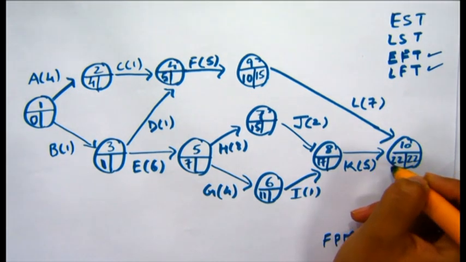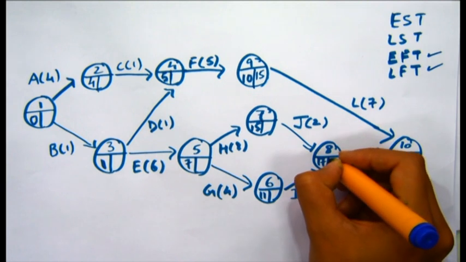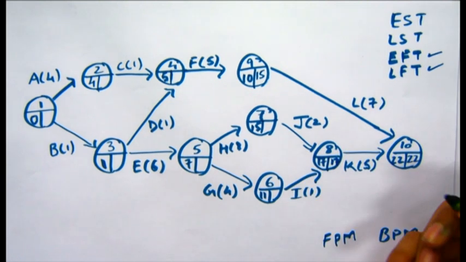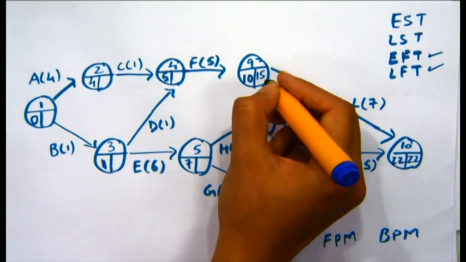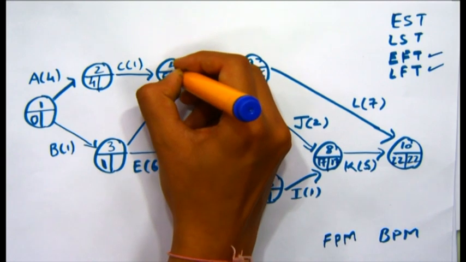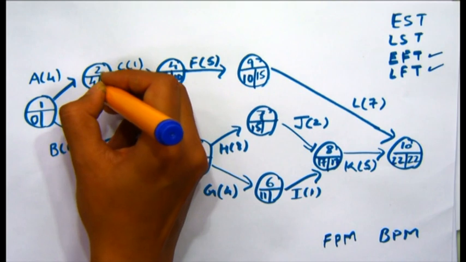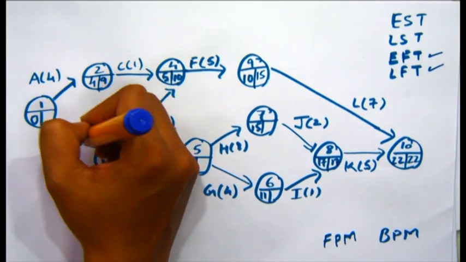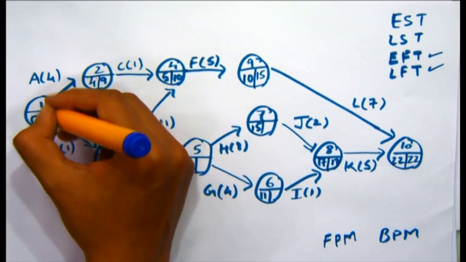Similarly, when we go backward from this side, we have 22 minus 5, which is 17. Moving in this direction, we have 15 minus 5, so we can write a 10 here. We have 10 minus 1, which is 9, and we see the merge of events, so we cannot simply write down 9 minus 4, 5 here.